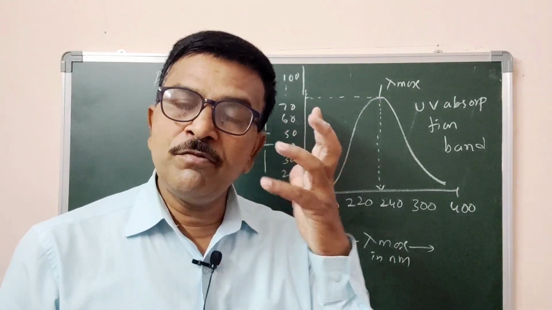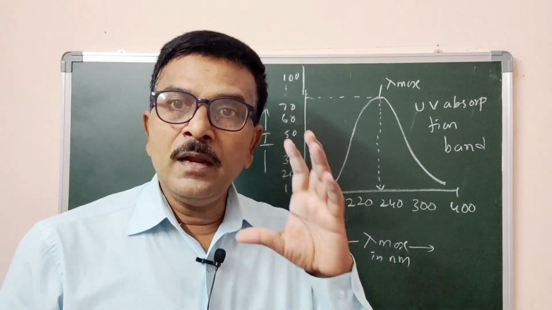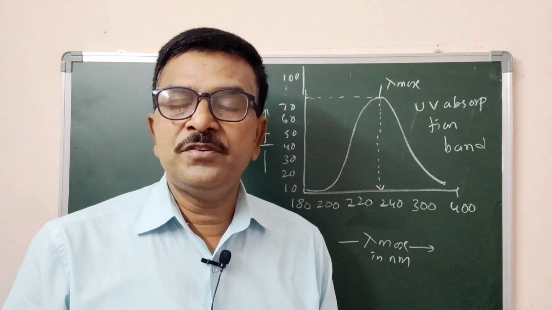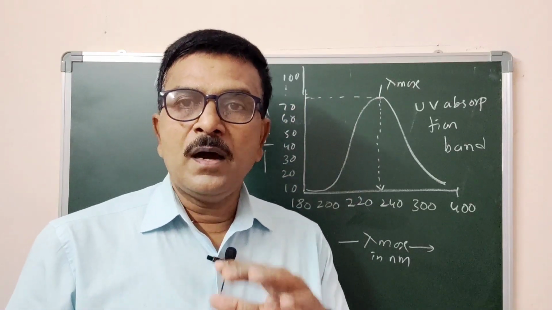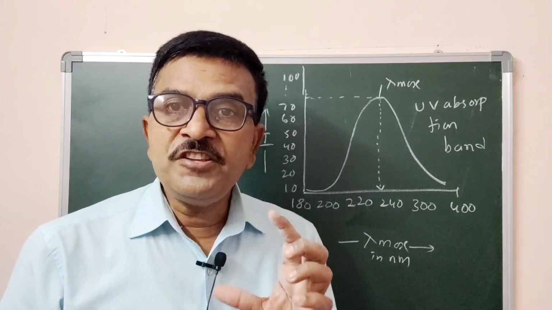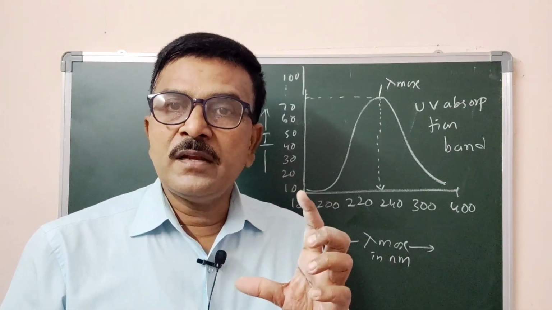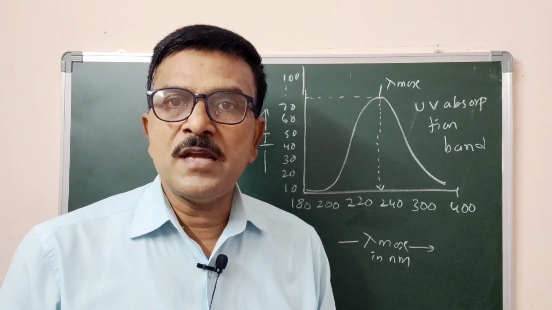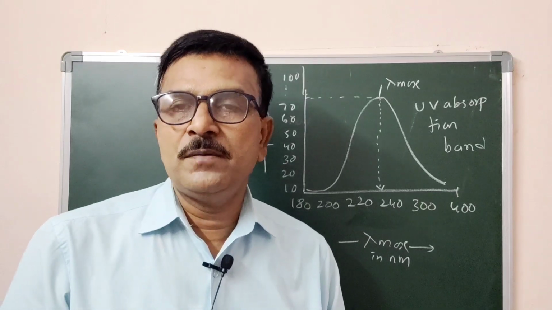From the position of the UV band, we can determine what type of electronic transition happens inside the sample after its absorption of UV radiation, from which we will get the nature of the sample. What will be the nature of the sample? So this is about presentation.